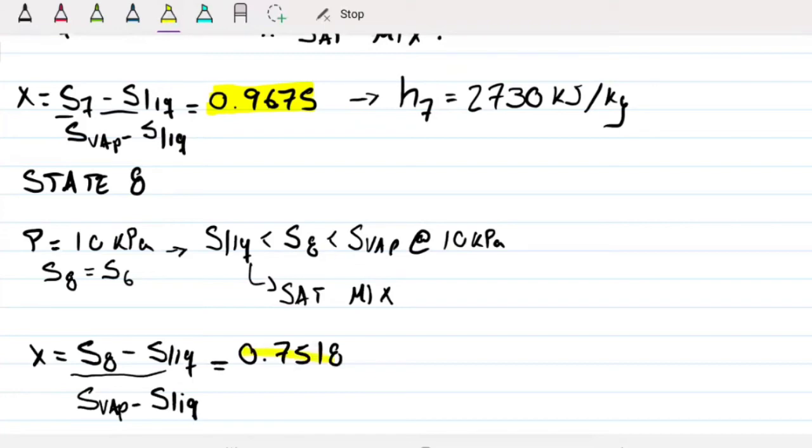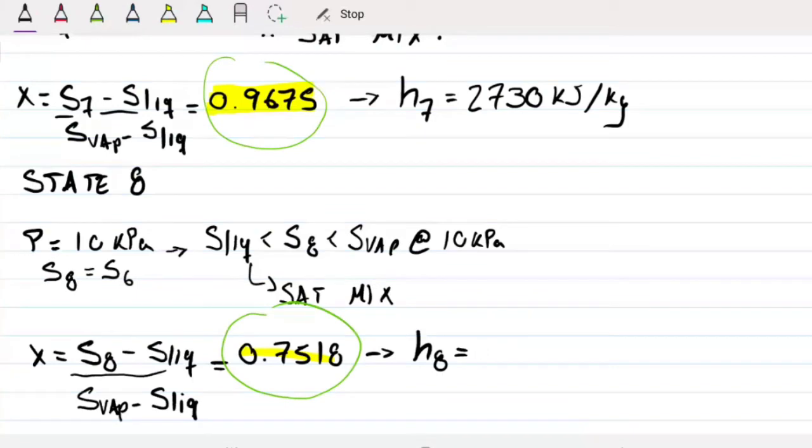This one we have about 4% liquid, and this one we have about 25% liquid. So it's going to be a combination of both, and this is 192.2. Okay, so this is state 8.